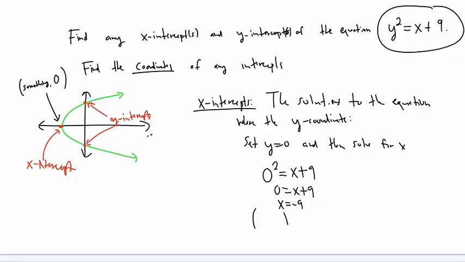So the coordinates of the x-intercept in this equation are minus 9, comma 0. That is the x-intercept.